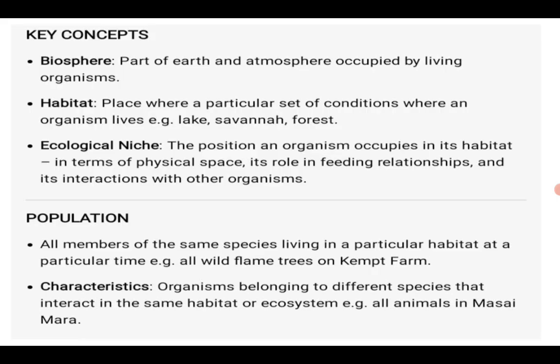Otherwise, if you're referring to the members of different species, then that's called a community.